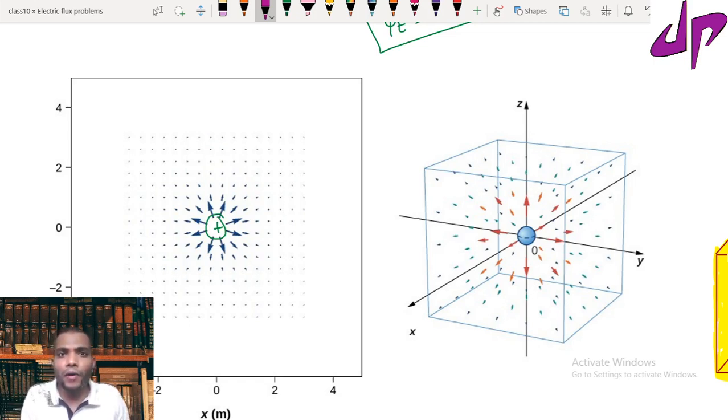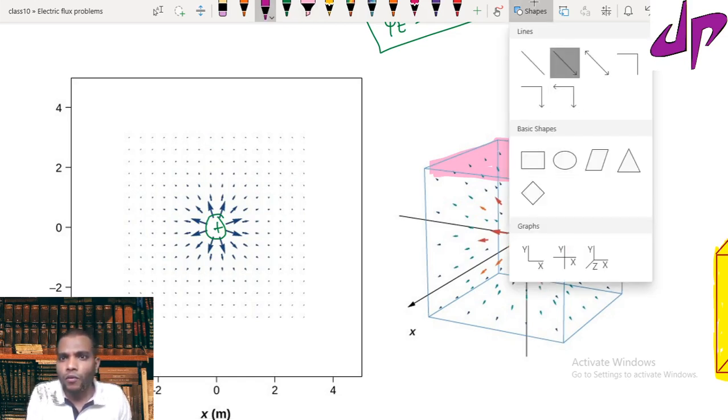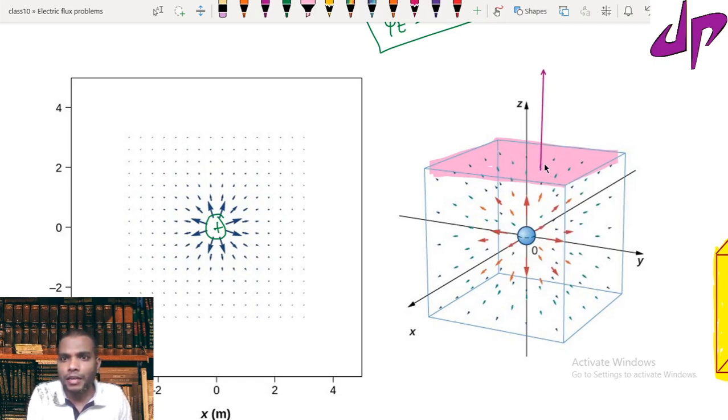If you need to find the electric flux through this surface, take the top surface and find the electric field lines through it. That we define as electric flux. So there we need to draw the area vector. So this is the area vector.